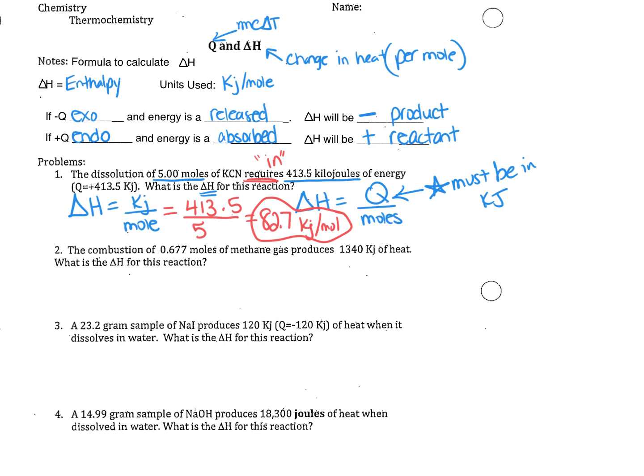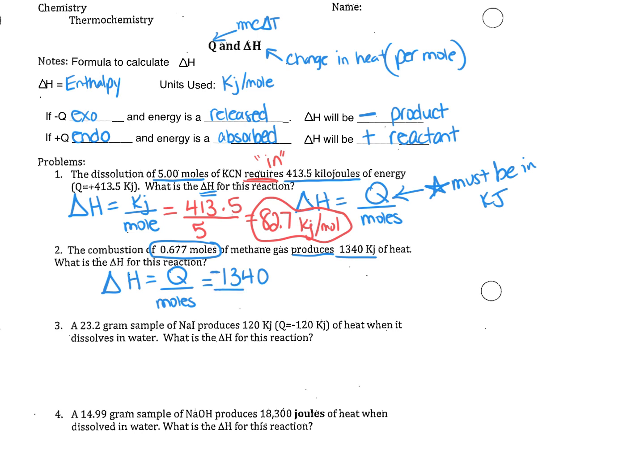So if we look at number 2, we want to find the combustion of 0.677 moles, which is producing 1340 kilojoules of heat. So again, our delta H of our reaction, we take our Q and we divide it by our moles. Our Q is in kilojoules, so we're going to take 1,340. It says it's producing, so that does tell us that this is negative.